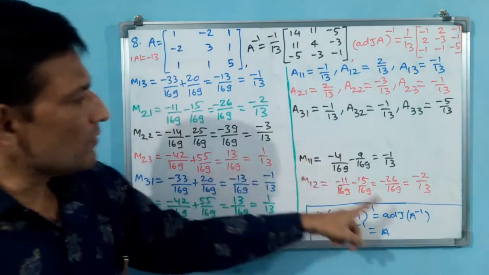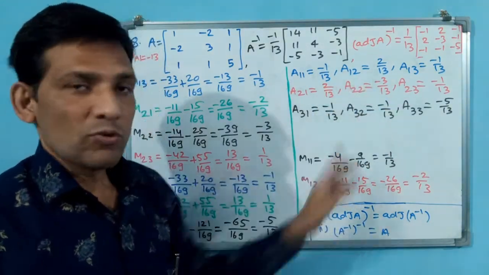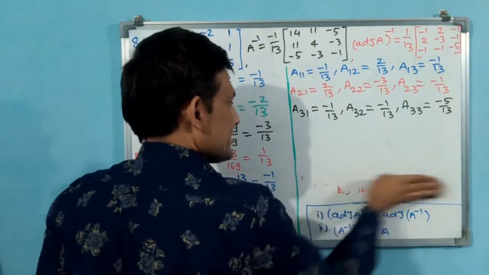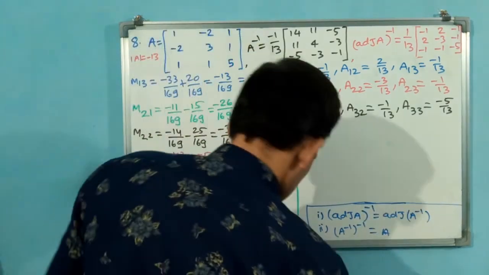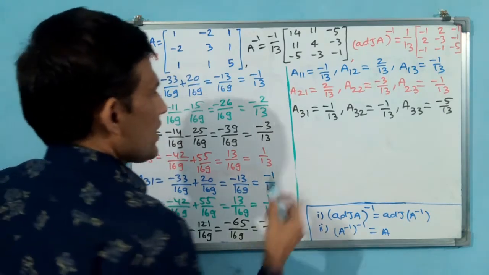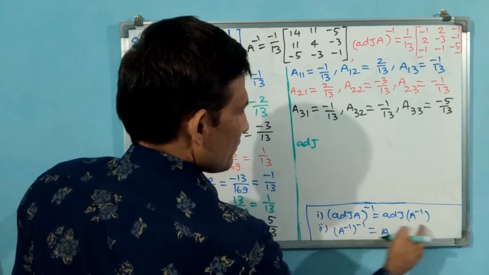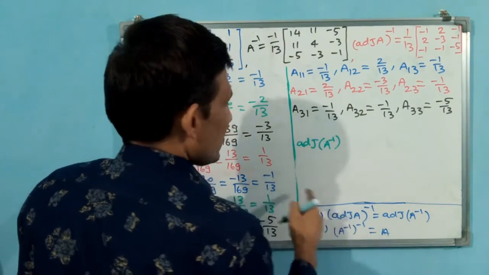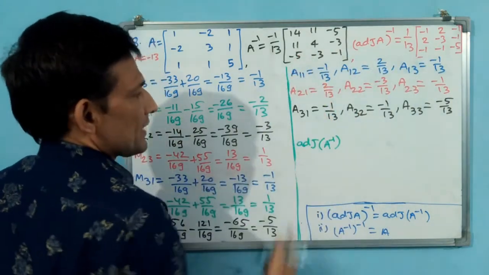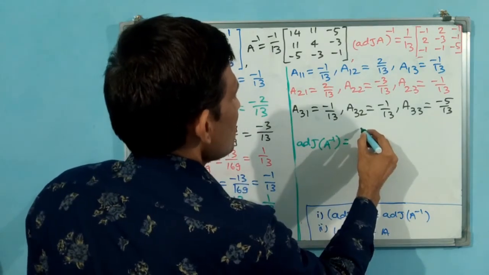These are cofactors of A inverse. You can write adjoint of A inverse with these cofactors. You see how I am writing. Observe carefully. Adjoint of A inverse. These cofactors all are A inverse cofactors only. These cofactors you have to write in vertical form.